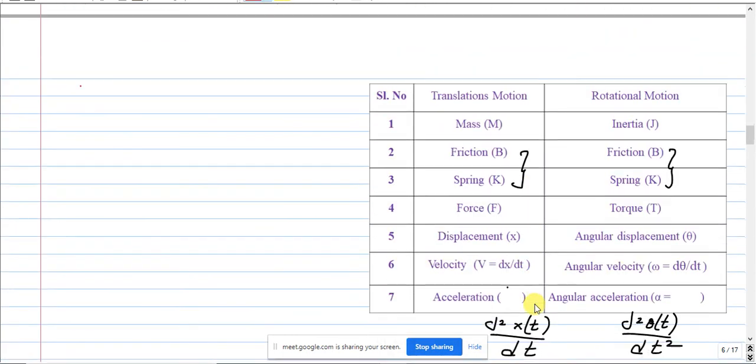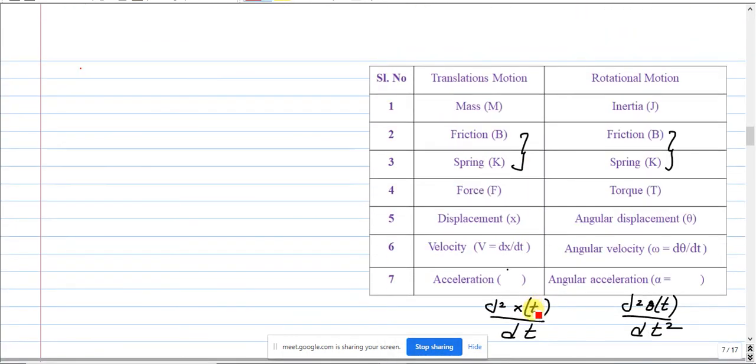Followed by, we shall see the changes that happen when a mechanical system is subjected to translational and rotational motion. Following are the terms that we will use in solving the problem. The first is mass in translational motion, and in rotational it will be inertia.